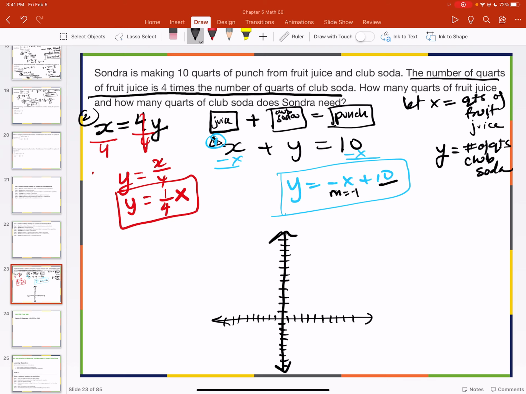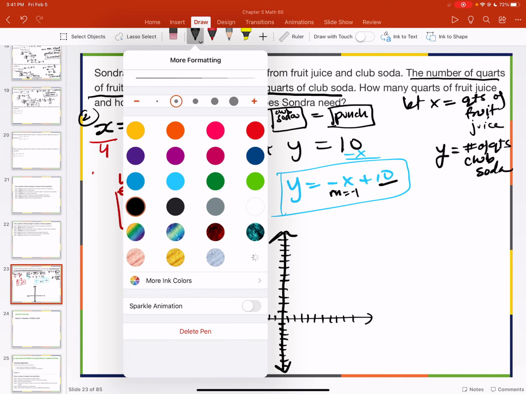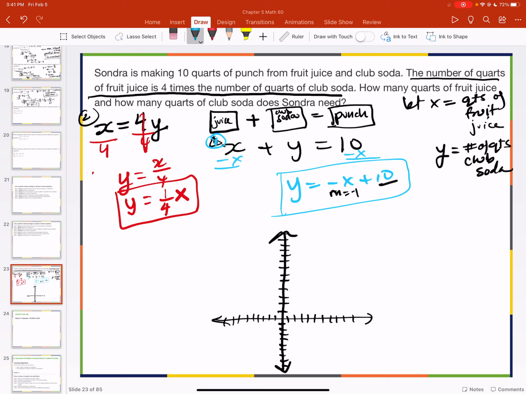So here we're starting at 10. So b is 10, 1, 2, 3, 4, 5, 6, 7, 8, 9, 10. Okay, and the slope is -1.